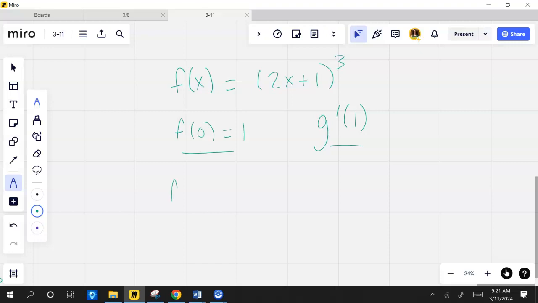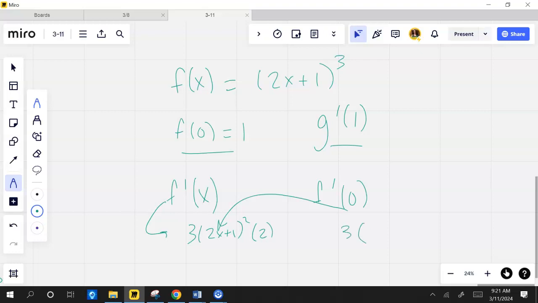Find the derivative of F, and then find the derivative at 0. So the derivative here, 3 times 2x plus 1 squared, chain it times 2. Plug in a 0. 3 times 1 times 2, so I got 6.